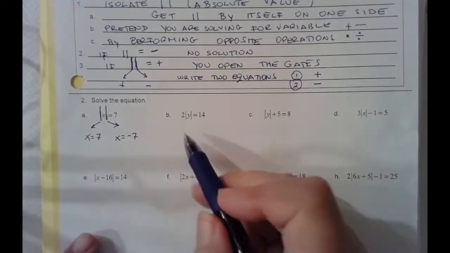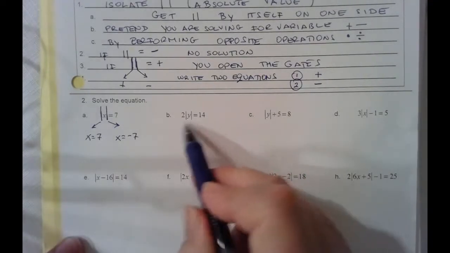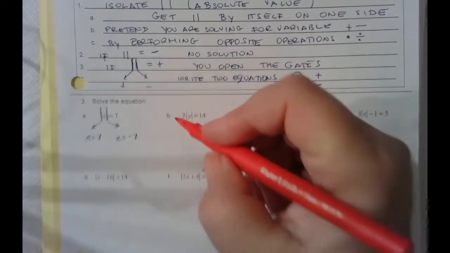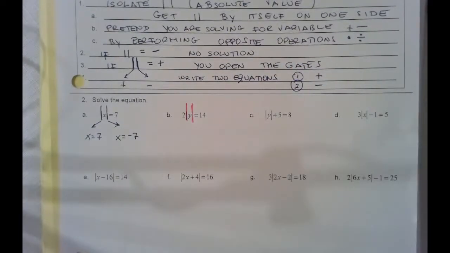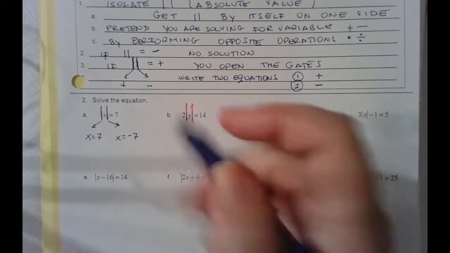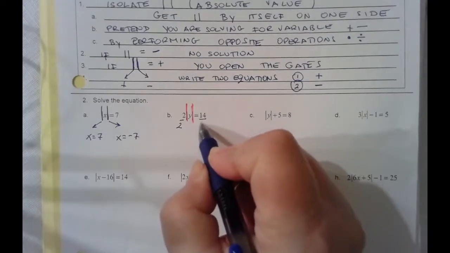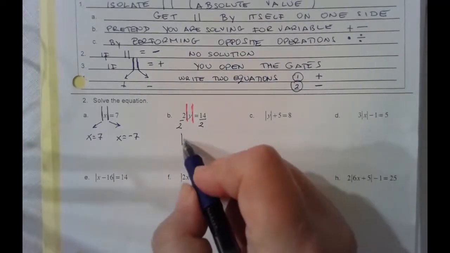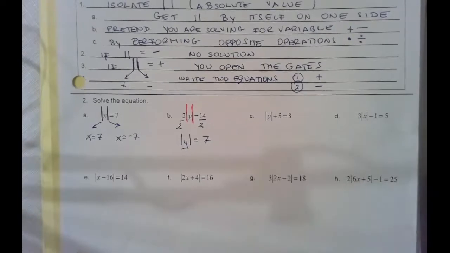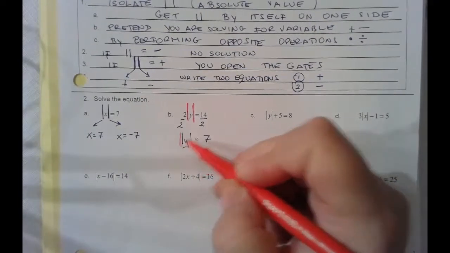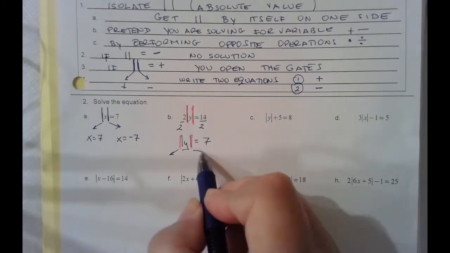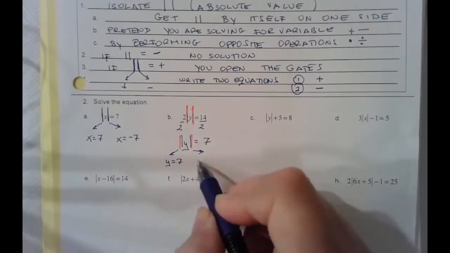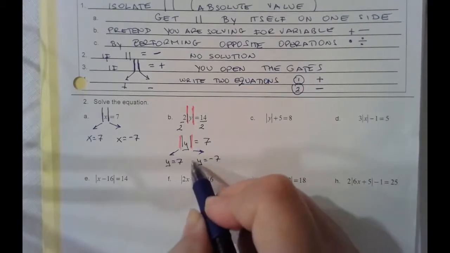In B, I do not have my castle by itself, so I want my gates to be by themselves. To do that, I will need to divide by 2. If I divide by 2, I have the absolute value of y is equal to 7. Now I have my gates by themselves, so I will open the gates. The first one is positive, the second one is negative.